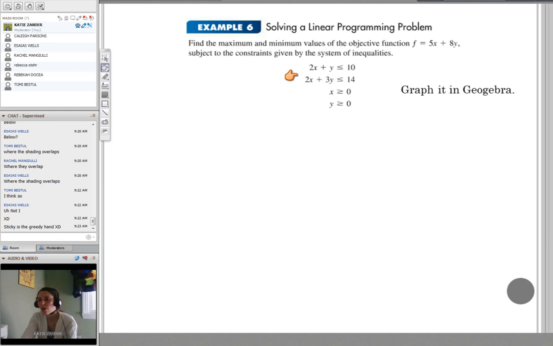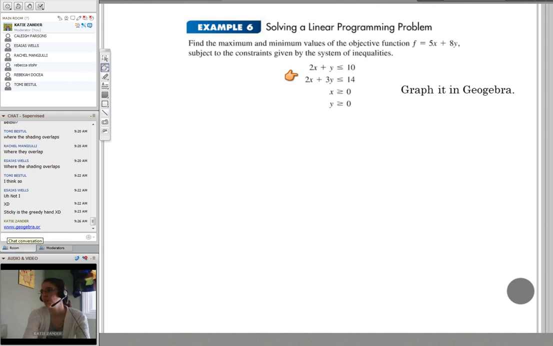All right, let's go ahead and bring up GeoGebra. We're not going to do this one by hand, only because it'll save time. In case you forget, it is geogebra.org.